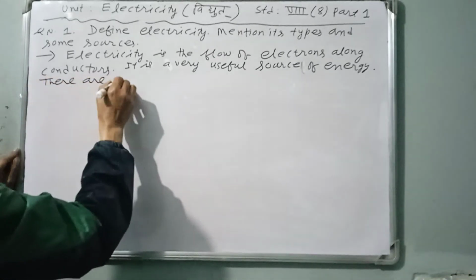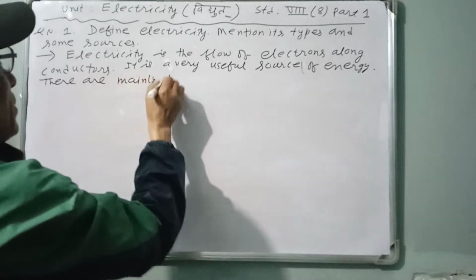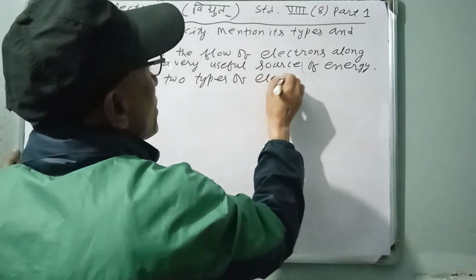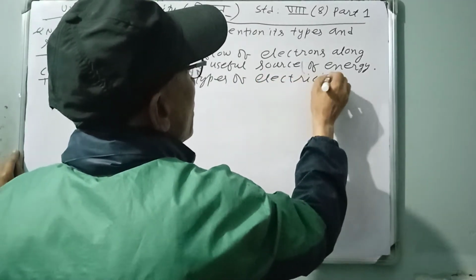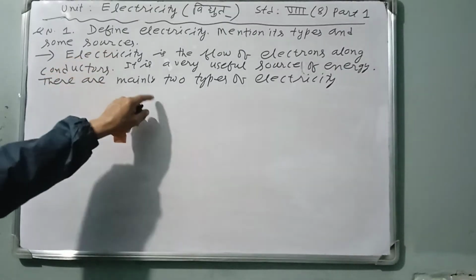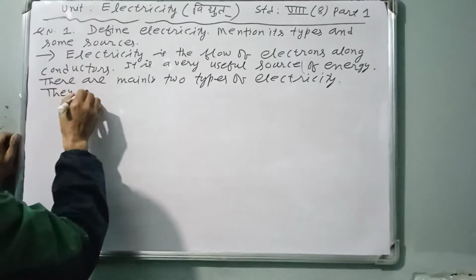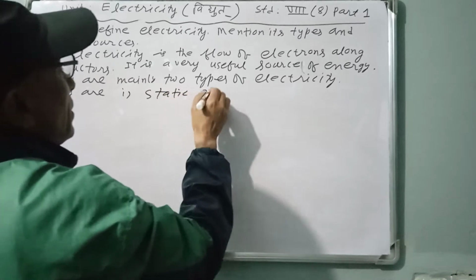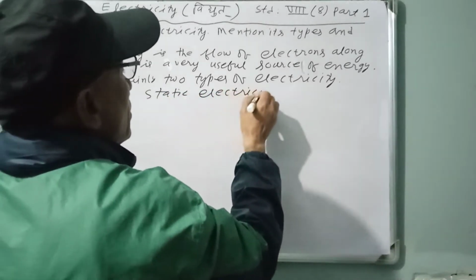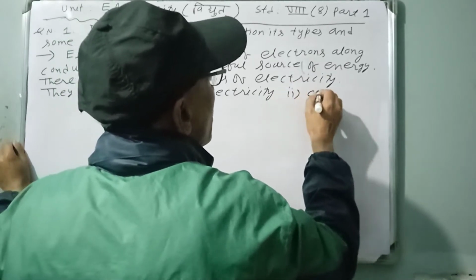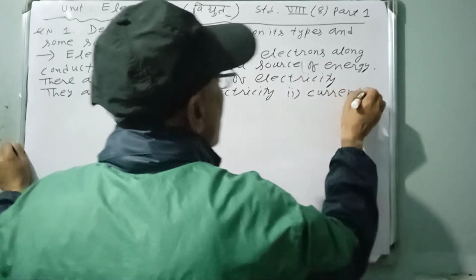There are mainly two types of electricity, which I wrote last time or yesterday. They are one, static electricity, and current electricity.